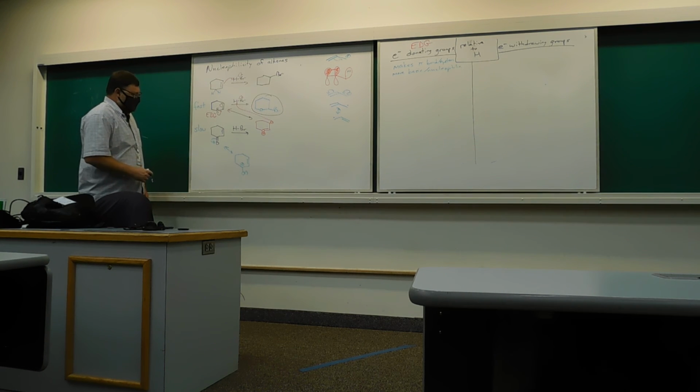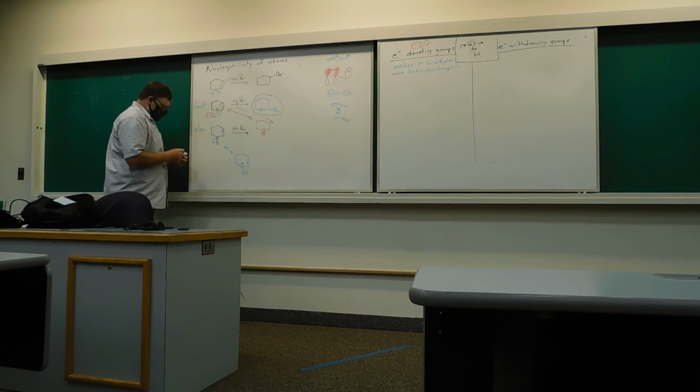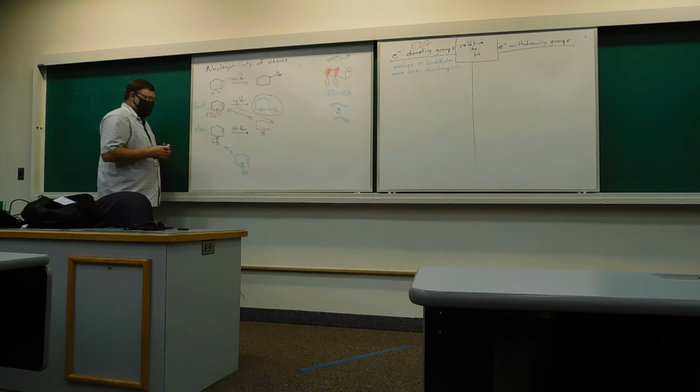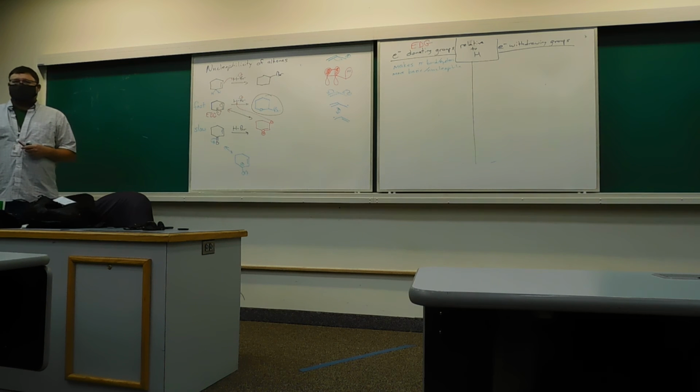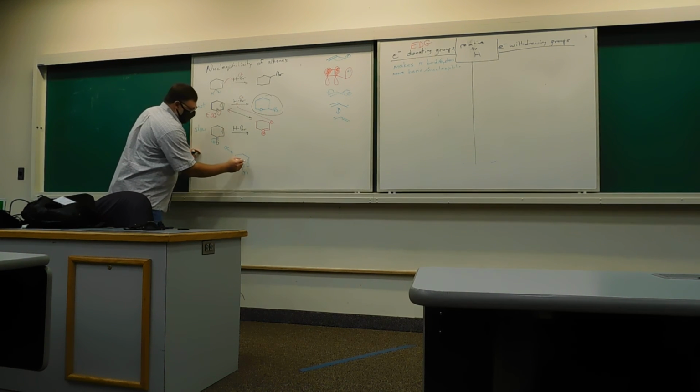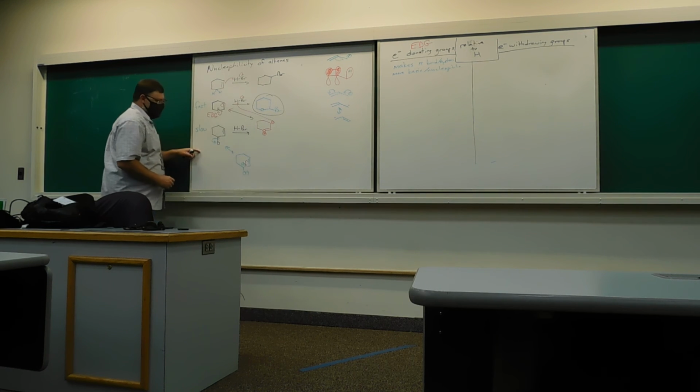So having a positive charge bonded directly to that alkene makes it a little clearer how not basic that alkene is. And you can draw a resonance structure that explains that. You can move the pi electrons there.